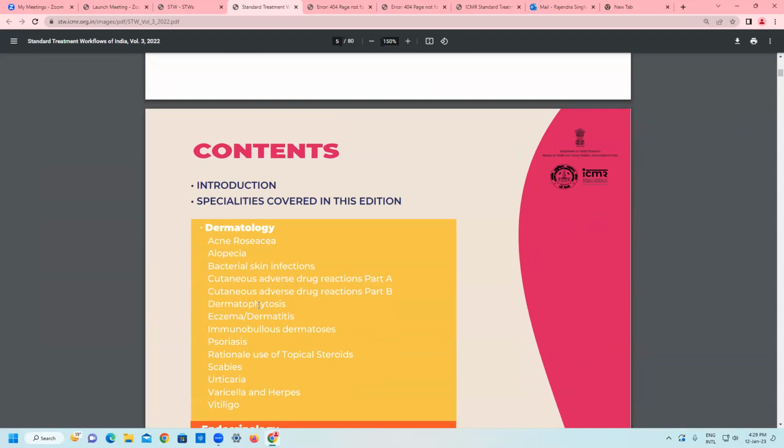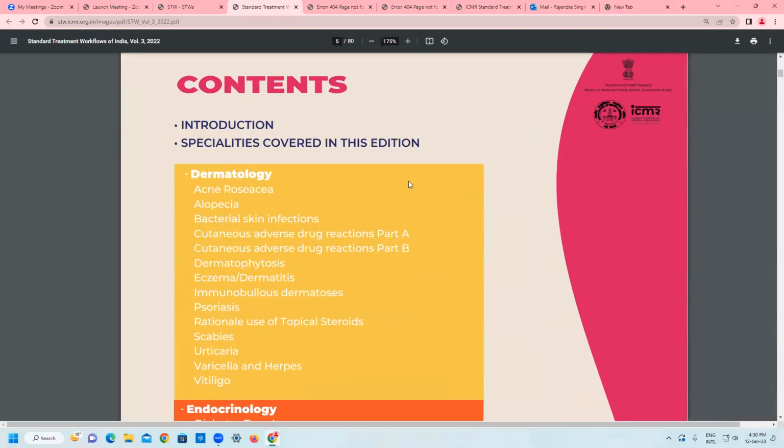Okay, so in dermatology, we have covered acne, alopecia, bacterial skin infection, then cutaneous drug reaction, dermatophytosis, which is very, very common, the so-called tinea or fungal infection, various types of eczema and dermatitis, immunobullous dermatosis like pemphigus, etc. Psoriasis, a common disease.